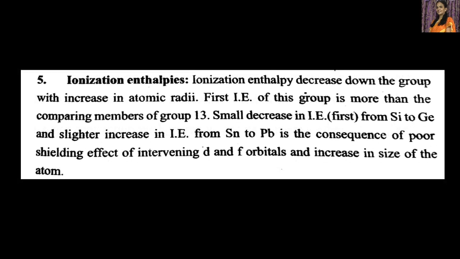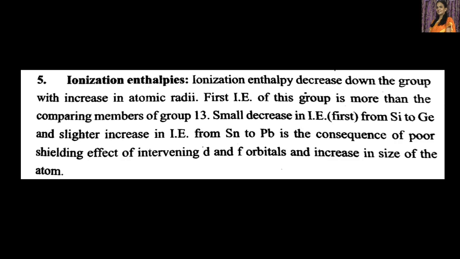This is another general character of these elements. If we consider the ionization enthalpies, as we move down the group, what happens to ionization energy? In any group, as we move down, ionization energy decreases due to the increase in atomic size.